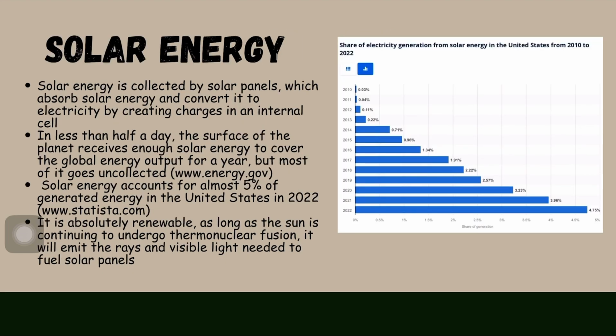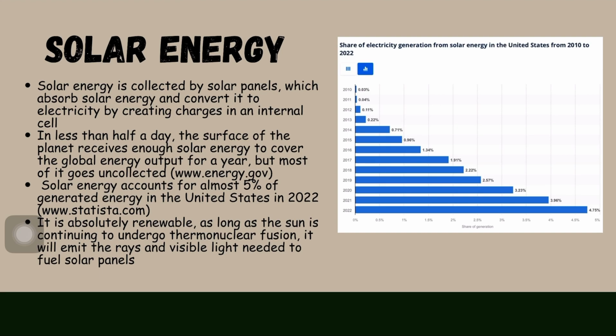Solar energy is collected by solar panels, and so they absorb that energy and convert it into electricity by having that solar energy create charges in an internal cell structure. Shockingly, in less than half a day, I think it was something as low as under 2 hours, the surface of the planet receives enough solar energy to cover the global energy output for an entire year. However, the vast majority of it is going uncollected.